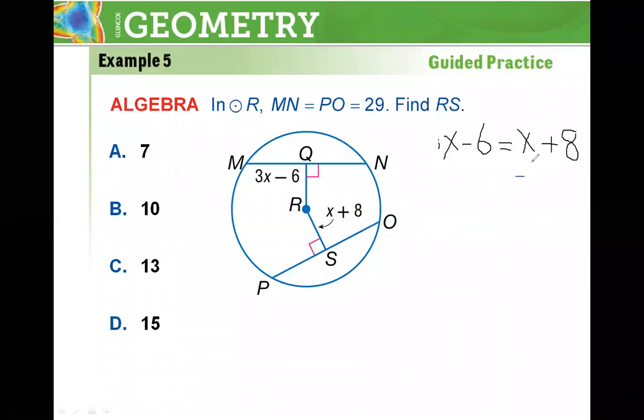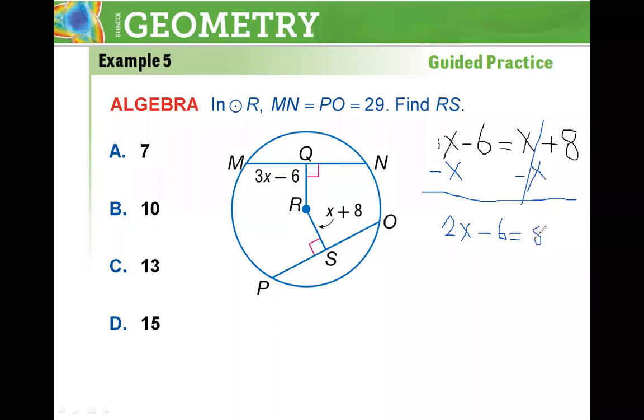X. So minus x here and minus x from the other side. 3x minus x equals 2x. 2x minus 6 equals 8.